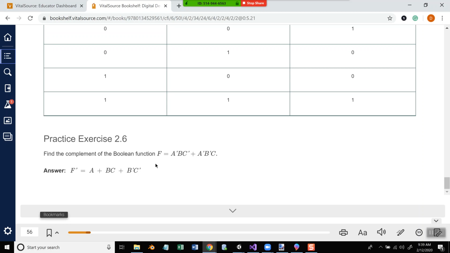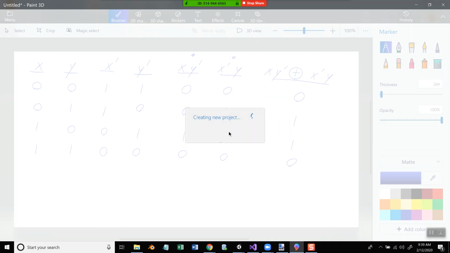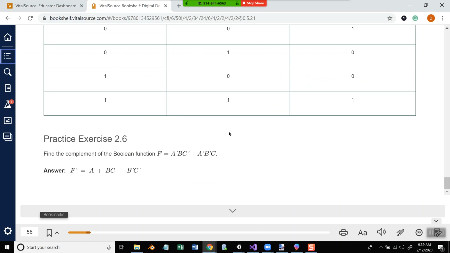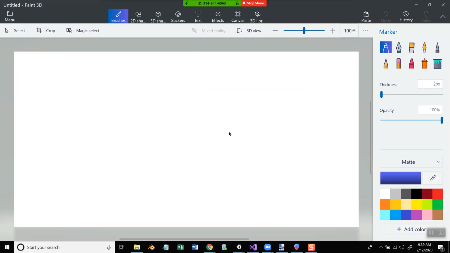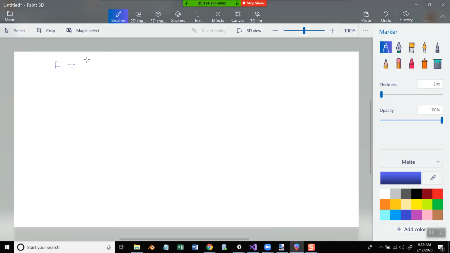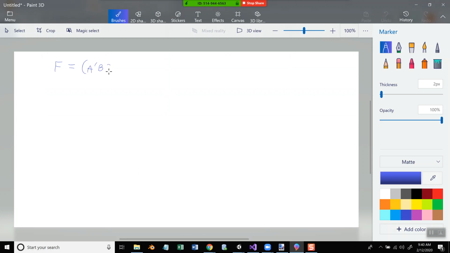Okay, so this one, we want to find a complement to this Boolean function. So f is equal to a prime b c prime.